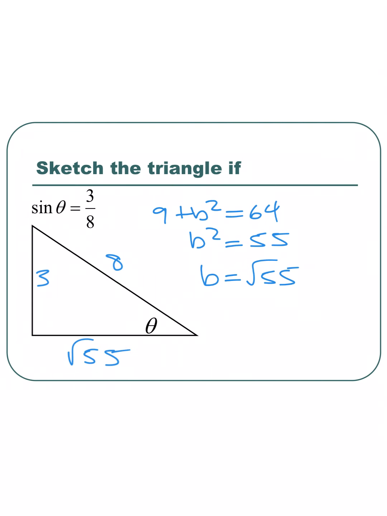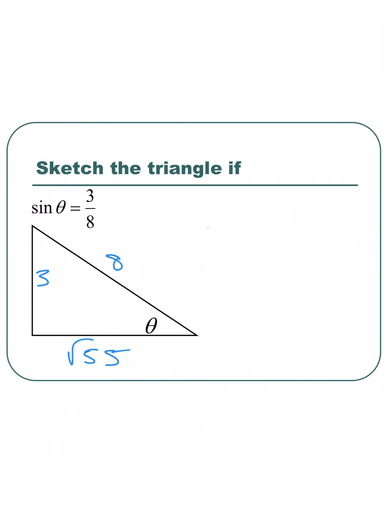And now we have our three sides, we can go ahead and find the rest of our functions. Since we have the sine, we can already use that to help us find the cosecant. We know it's a reciprocal, so it has to be 8 over 3. To find the cosine, we're going to take the adjacent side, which in this case is radical 55, and put that over your hypotenuse of 8.